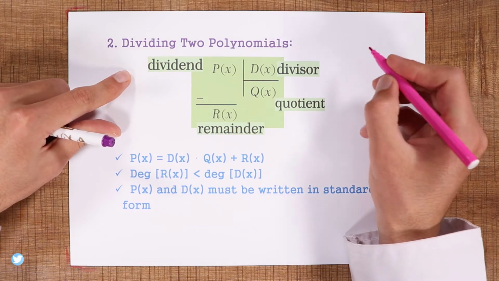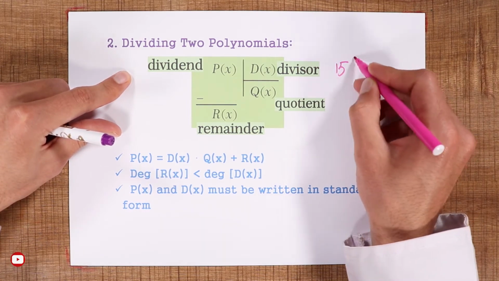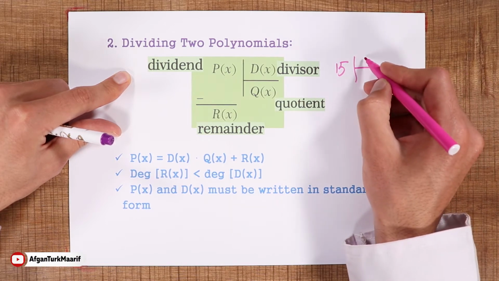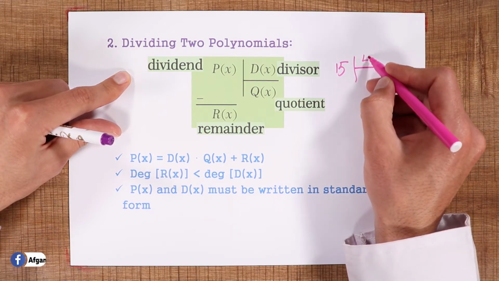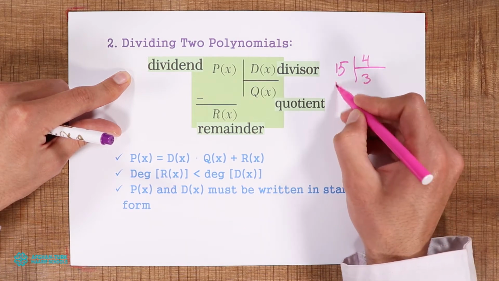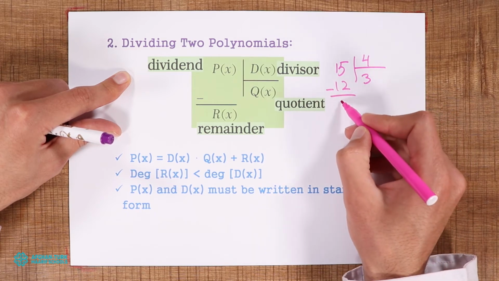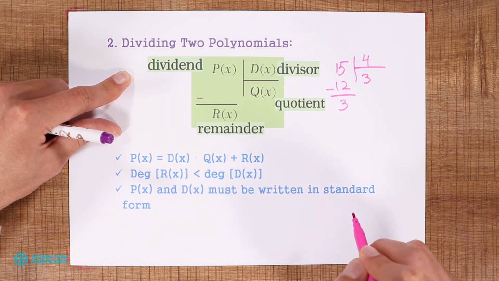So let us look at an easy example. For example, if you have 15 divided by 4, it will be 3 times 4, 12, and 15 minus 12 will be 3.